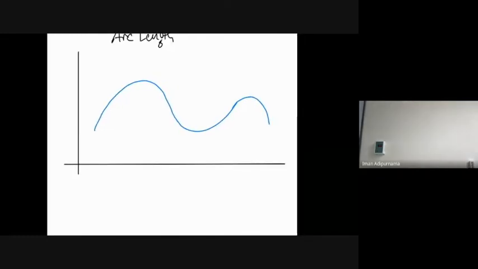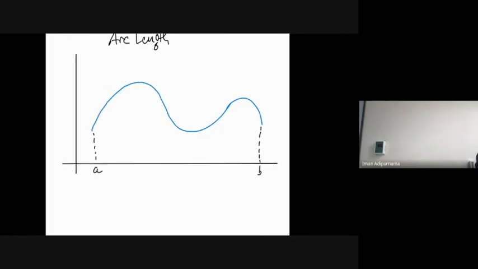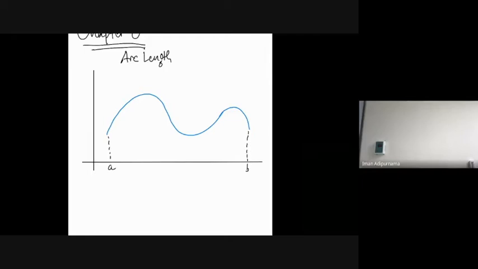If we have A until B here, maybe the function is still continuous here or there, but we are only focused on A to B. We need to measure the length, like a rope if you pull it out, and you need to measure that.